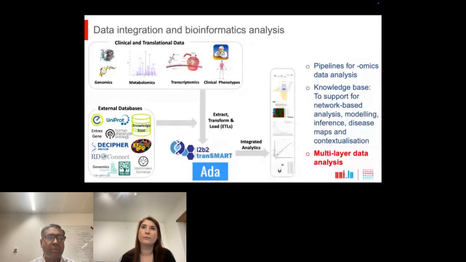They have dbGaP, and there is rich knowledge there, and the literature on top as well. So we bring these pieces of knowledge and our cohort data together into systems like tranSMART, I2B2 tranSMART. I2B2 stands for Informatics for Integrating Biology and the Bedside.